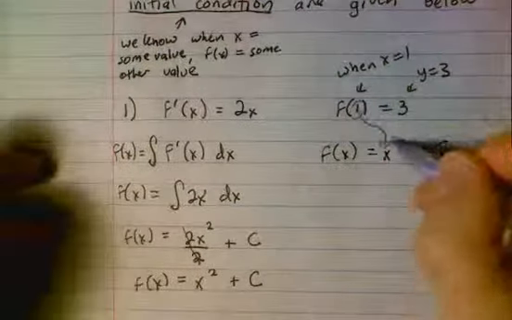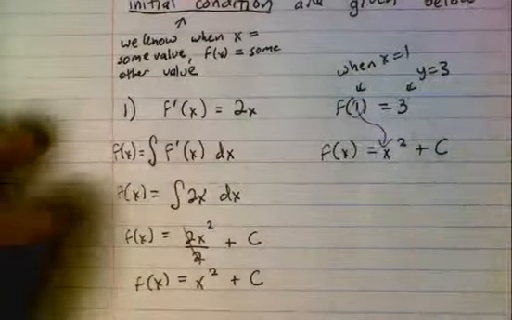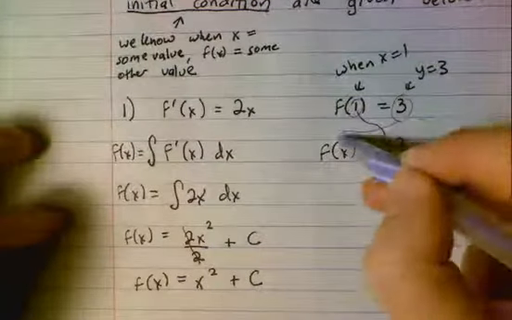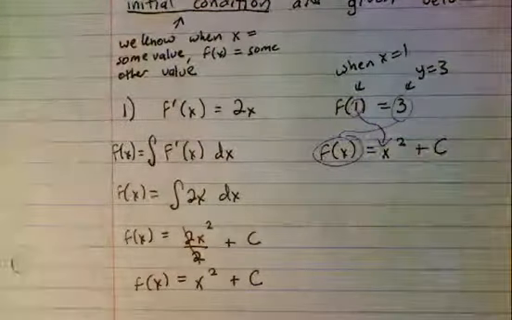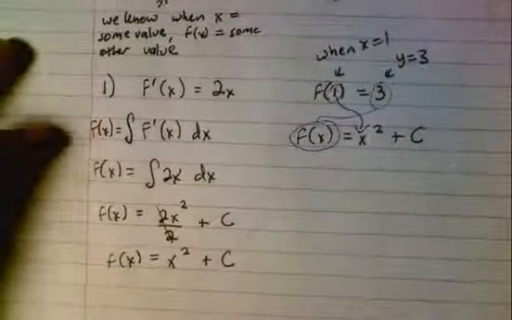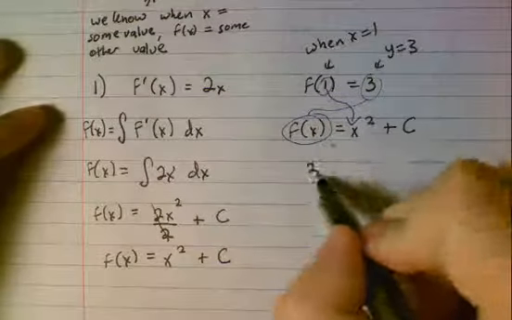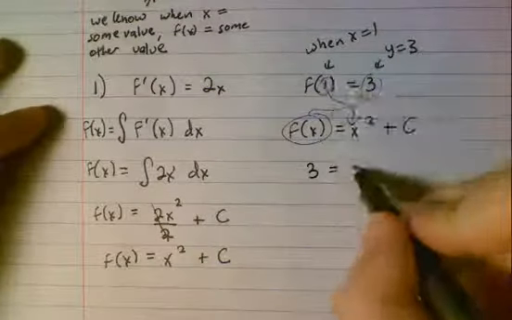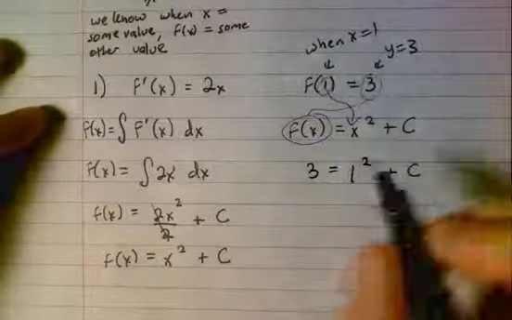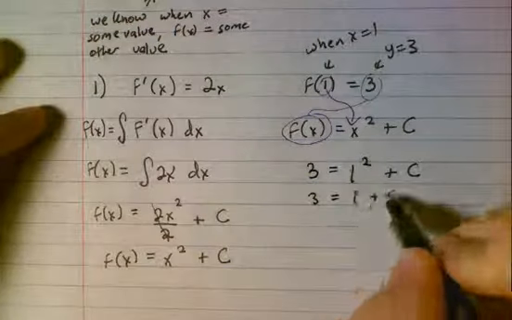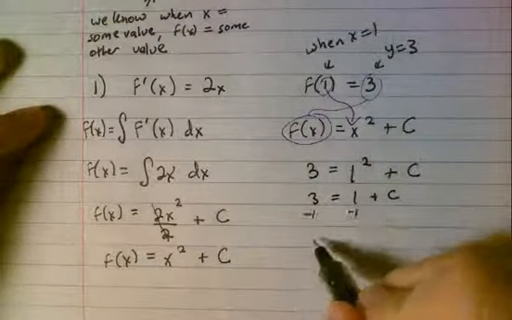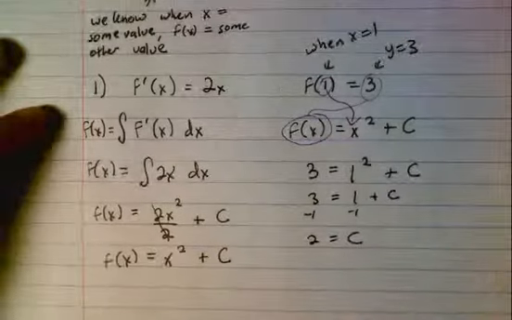I'm going to put that right in for x. And we're going to take this 3 and put it in for f of x, that whole thing there. And then we're going to solve for c. So f of x equals 3, x equals 1. So 3 equals 1 plus c, subtract 1 from both sides, 2 equals c.